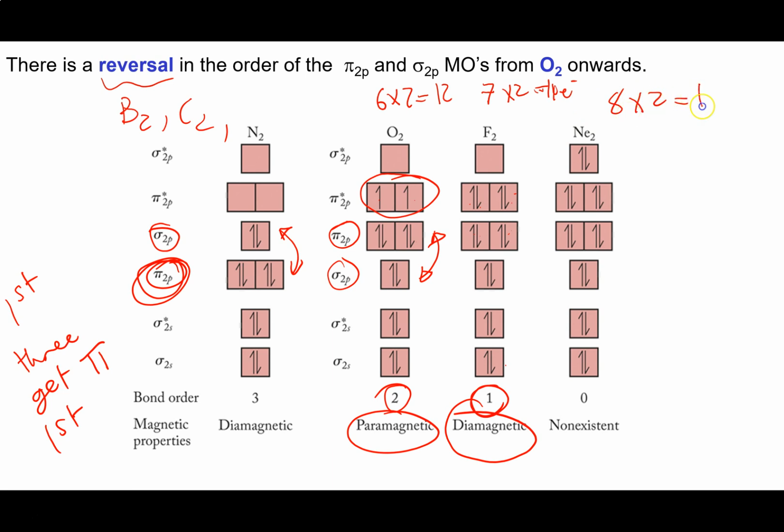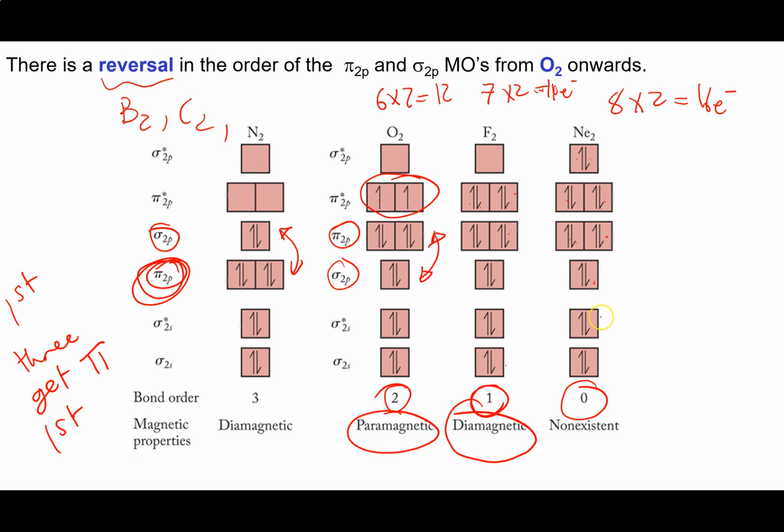Now, when we get to neon, neon's in group 8, we've got 2 atoms in our molecule, so we have to put in 16 electrons. So it goes 1, 2, 3, 4, 5, 6, 7, 8, 9, 10, 11, 12, 13, 14, 15, 16. And when I work on the bond order, you'll see that there are 8 electrons in bonding molecular orbitals. So 2, 4, 6, 8.